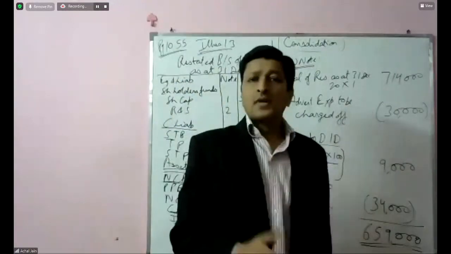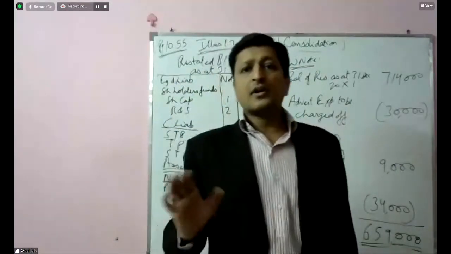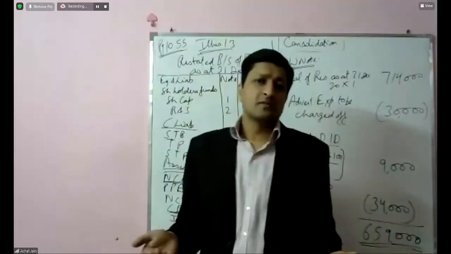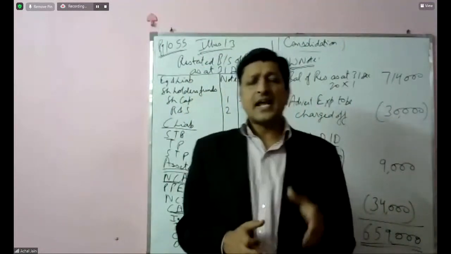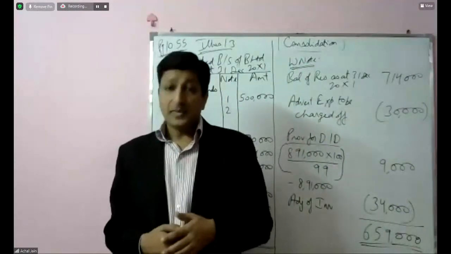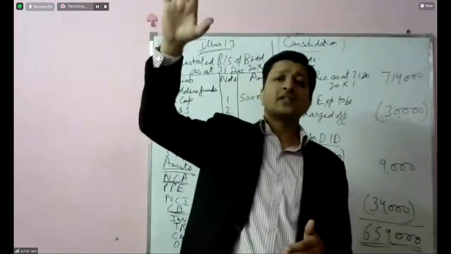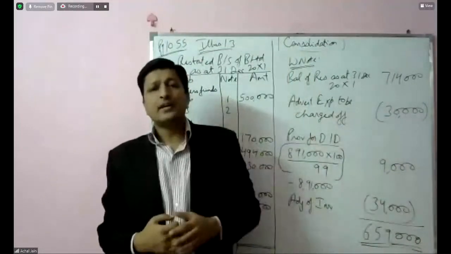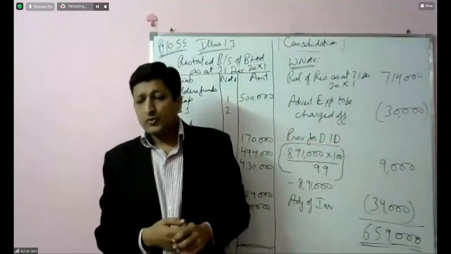No. Accounting standards don't require any creation of general provisions. That has to be specific, that has to be created when the debt is doubtful. But just to say that all the trade receivables to the extent of 1% are doubtful and to take it to P&L is incorrect.